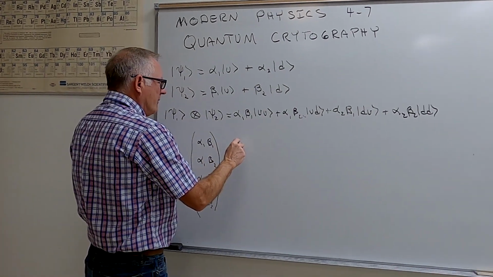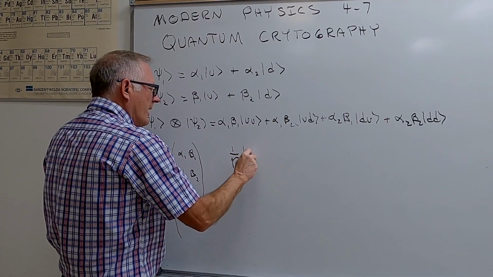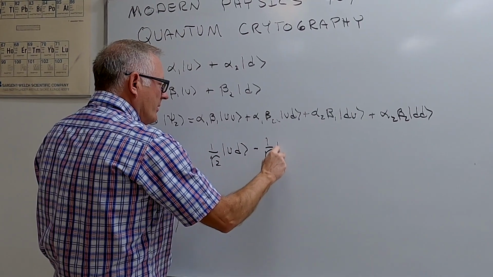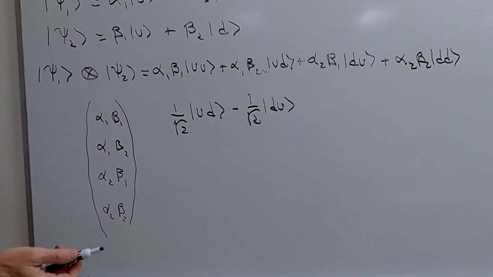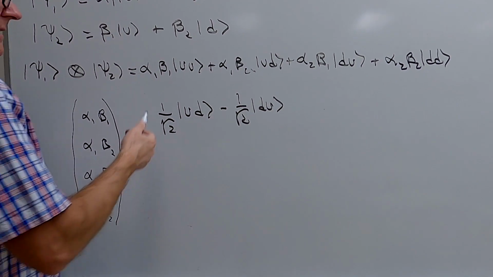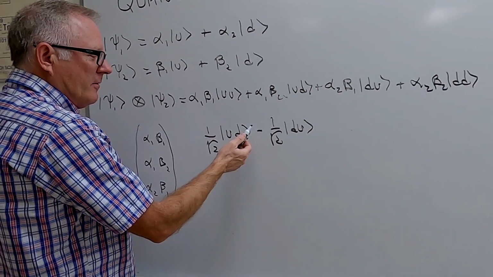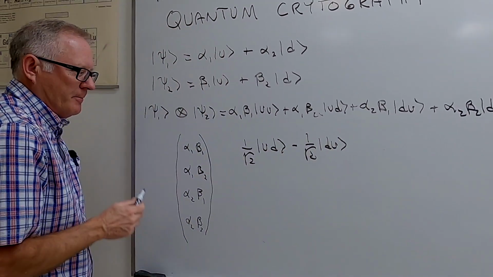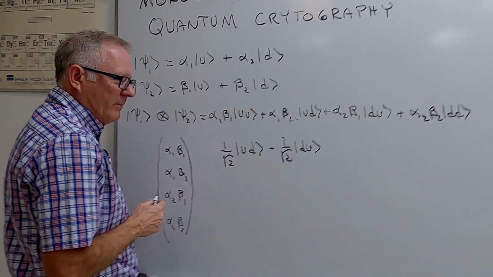But we did say there were some that were not factorable. Namely, one we said was 1 over the square root of 2 up, down, minus 1 over the square root of 2 down, up. We said this was a quantum entangled state, which meant if you measured the first one up, the second one would be down, or if you measured the first one down, the second one would have to be up. This is one quantum entangled state.